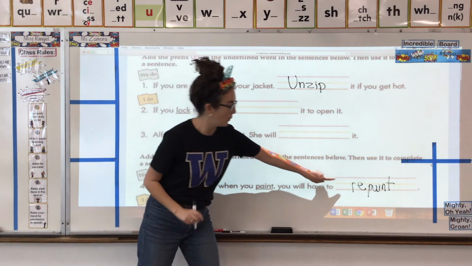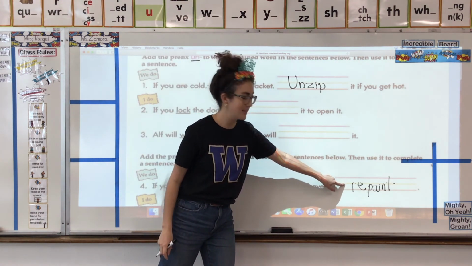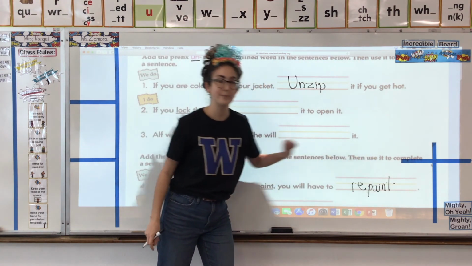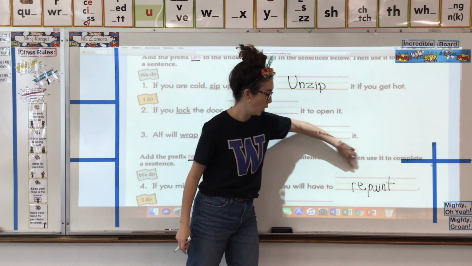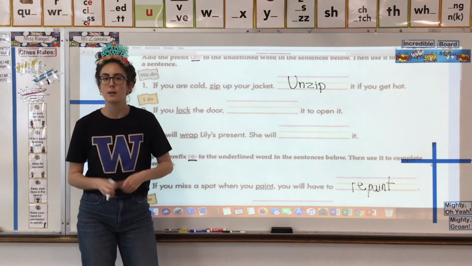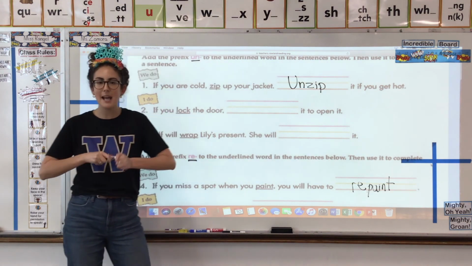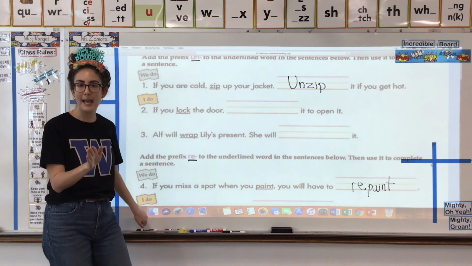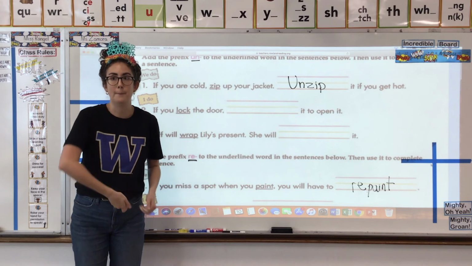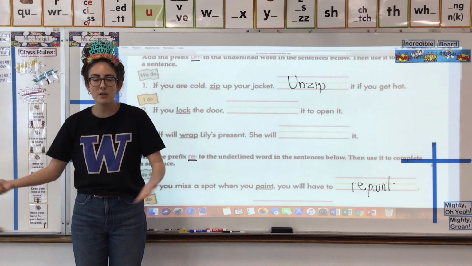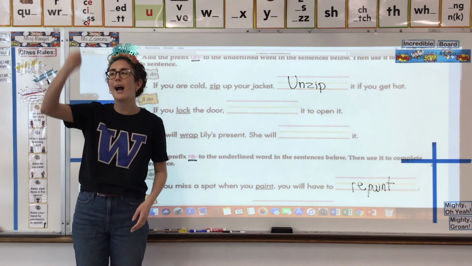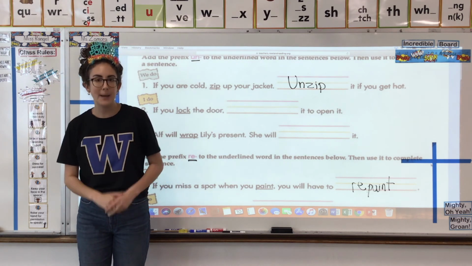So, what's our new word, second grade? This now says repaint. Repaint. What does that mean? If I tell you you need to repaint, you need to paint again. You need to do it some more. Try again. Repaint.